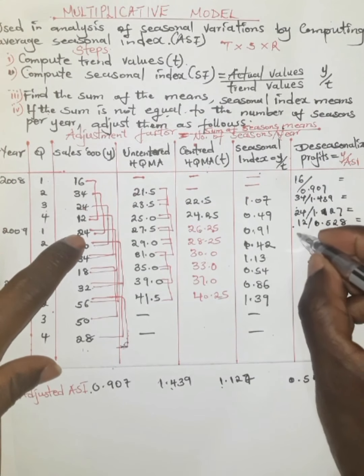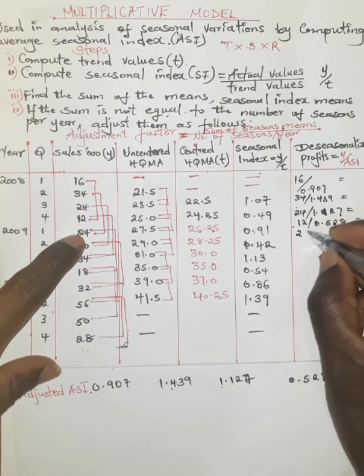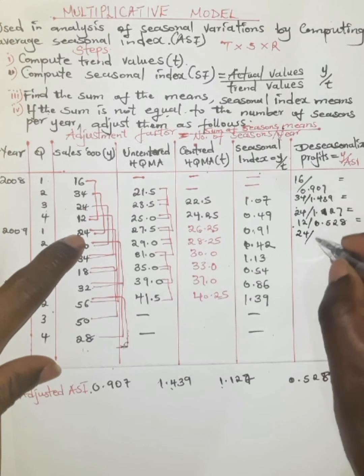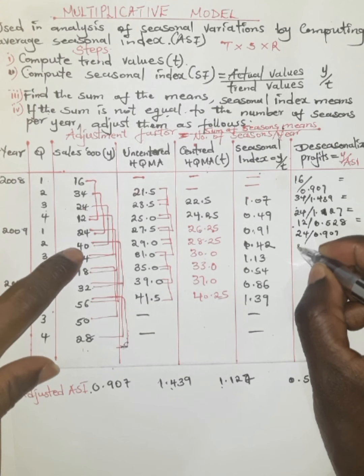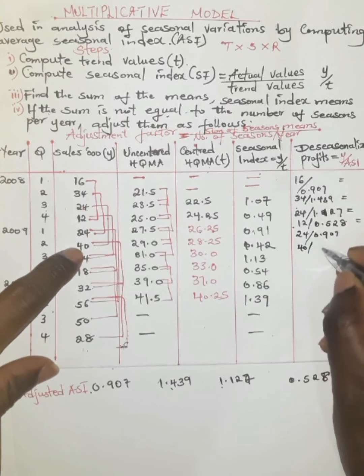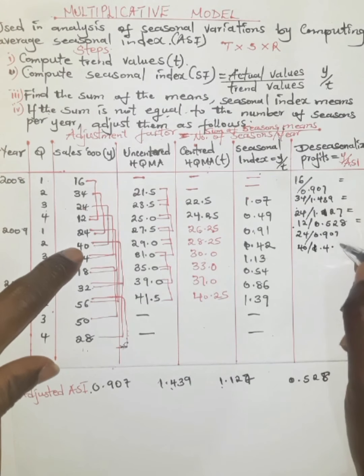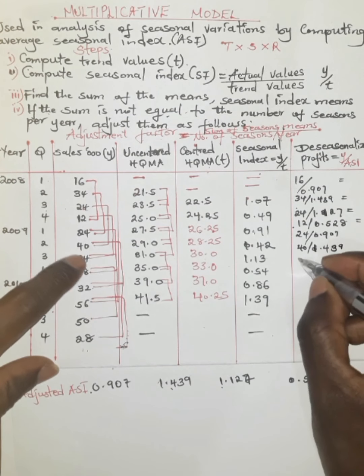Then you have 24 for the next one. I just want to show you 24 divided by the same, 0.907. Second quarter we have 40 divided by this one, 1.439.